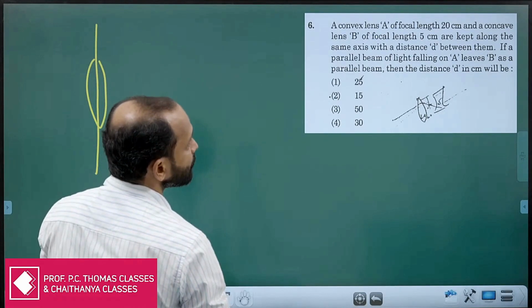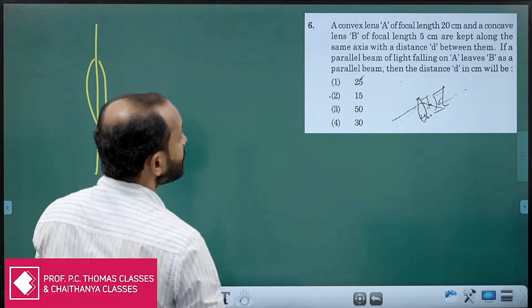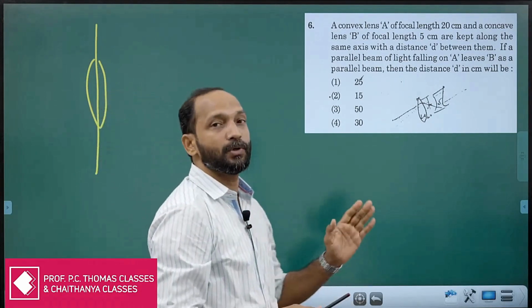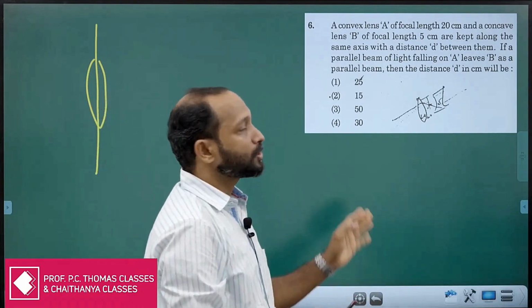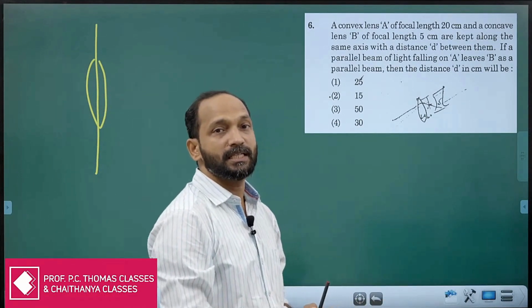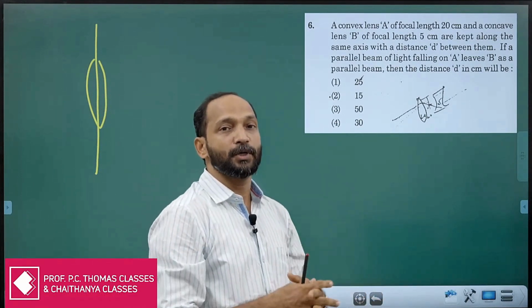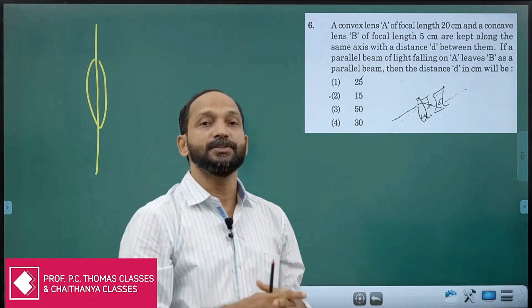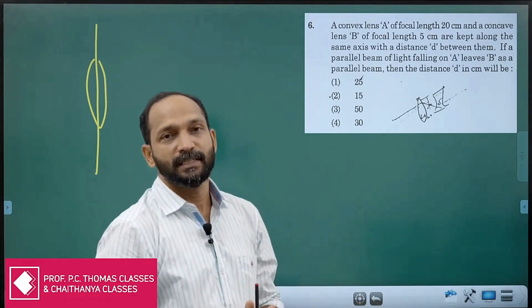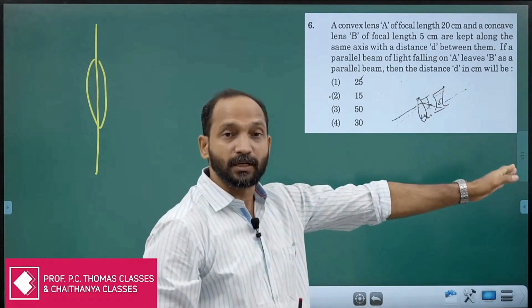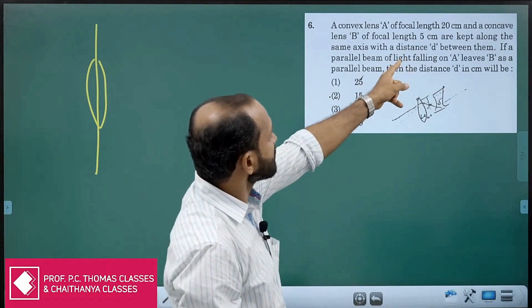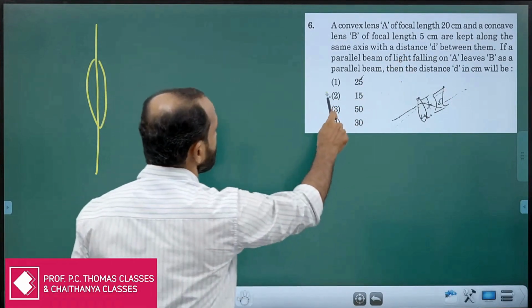If a parallel beam of light falling on A leaves B as a parallel beam, the same one that is there in NCERT, but both the lenses are convex. If both the lenses are convex, we have learned that the combination will not produce any power nor deviation, the total distance of separation d is equal to F1 plus F2. But here the second one is a concave, so it is F1 minus F2. That's why 20 minus 5, that is 15. So 15 will be the right choice.